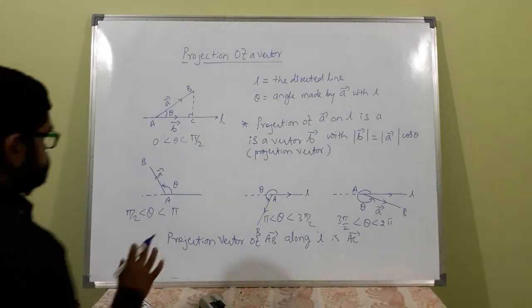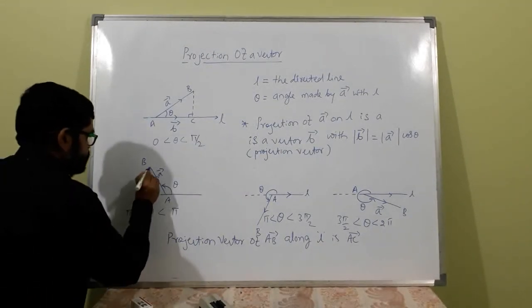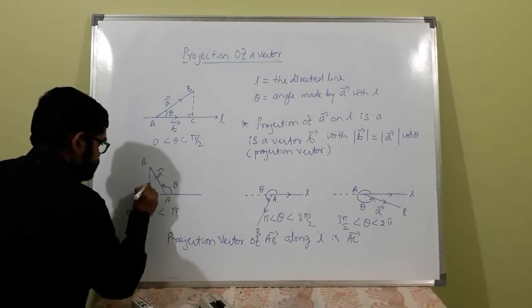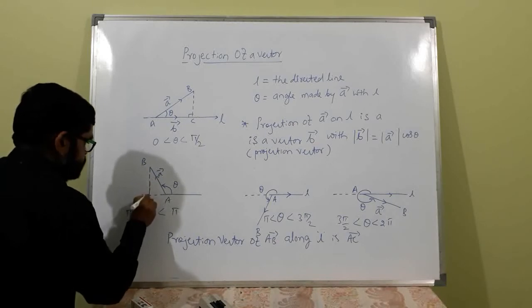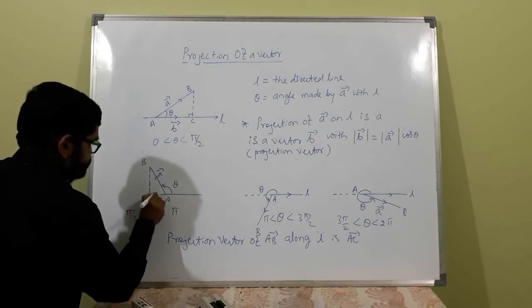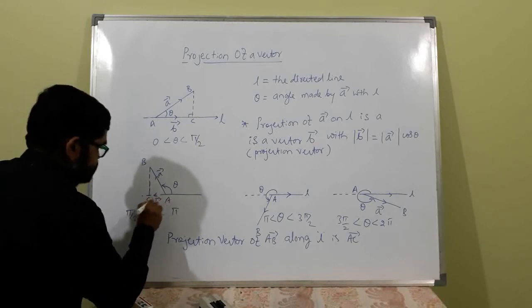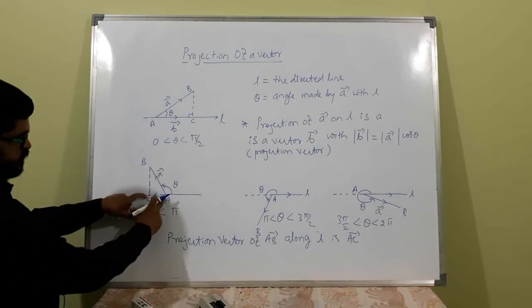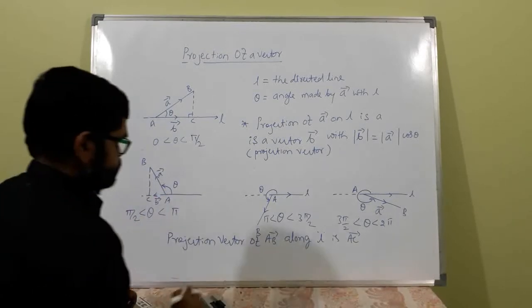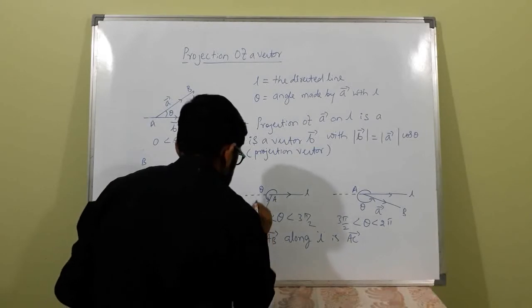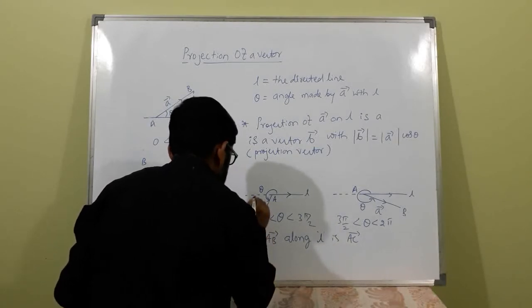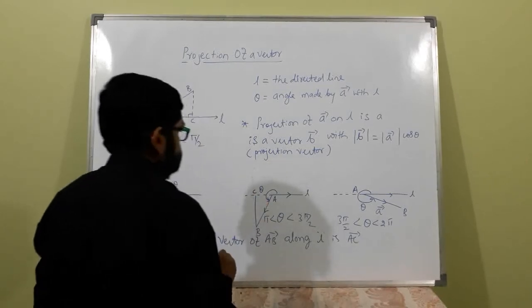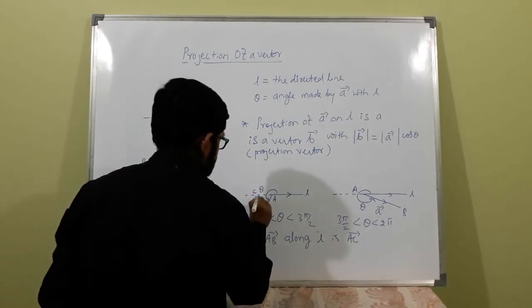Okay, see here the projection. Suppose AB is the vector A, then the projection is in this direction. This is vector B. Projection vector is AC. Similarly, this one, this is AC, and this is P here.